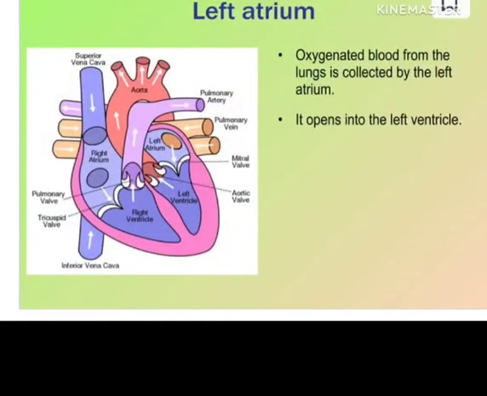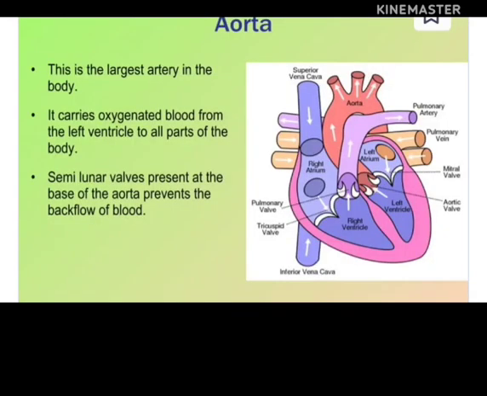Then the left atrium: oxygenated blood from the lungs is collected by the left atrium, and it opens into the left ventricle. The next is the aorta, the largest artery in the body, which carries oxygenated blood from the left ventricle to all parts of the body.